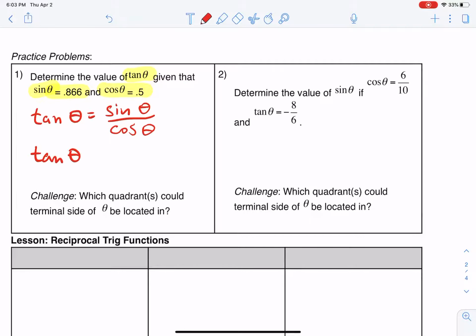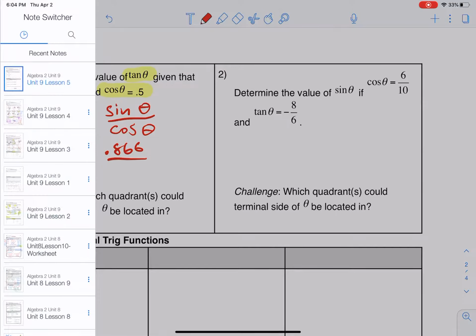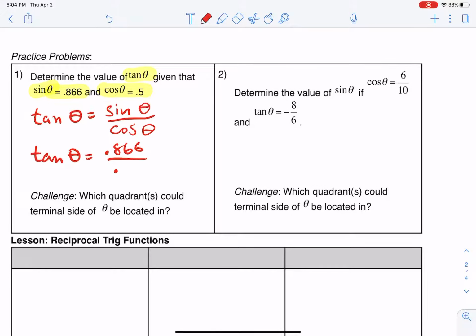So I'll have tangent of theta equals 0.866 over, my apologies, 0.866 over 0.5. You tell me what that equals. For the challenge, think about if sine is positive and cosine is positive, what quadrant could we be in?